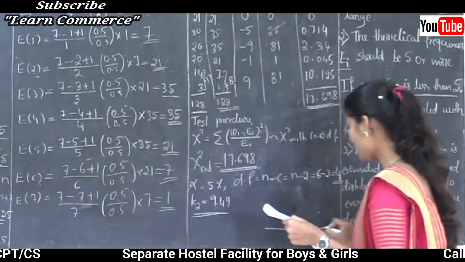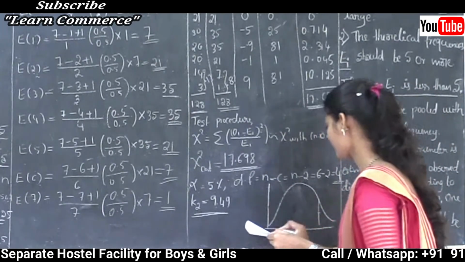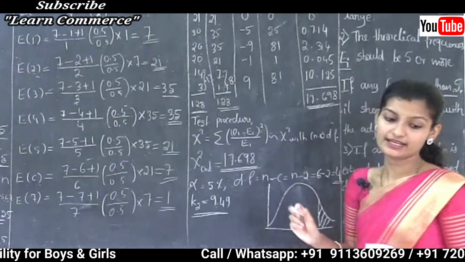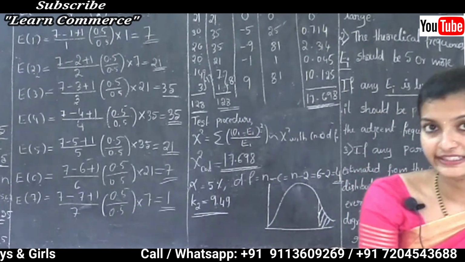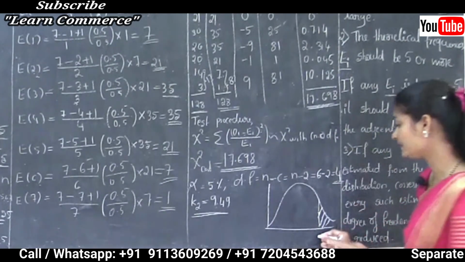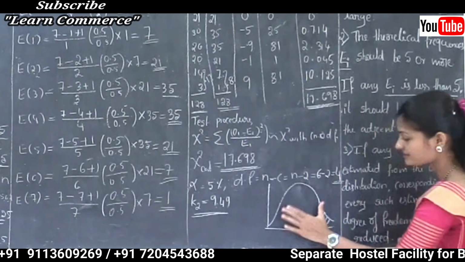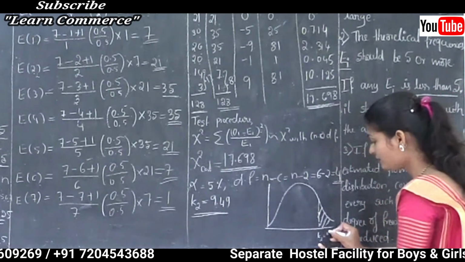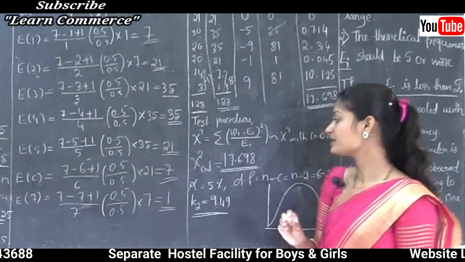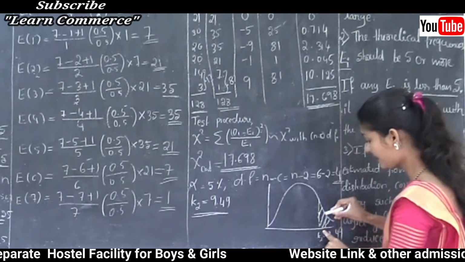We know the graph for the upper tail test, which is nothing but the right tail test. In the right tail test, the rejection region is located at the right tail of the probability curve. This is the rejection region and this is the acceptance region. Here the K2 value is 9.49 and the calculated value is 17.698.